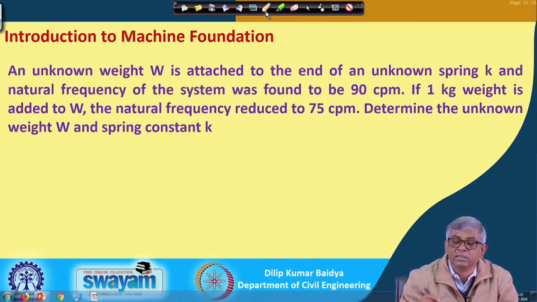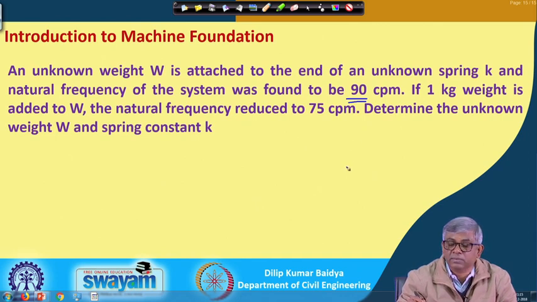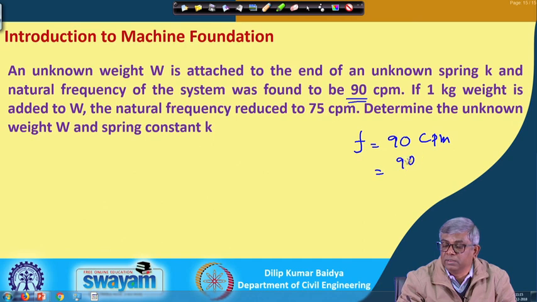So, this is the problem, and we know that the frequency of the system, f, is given as 90 cycles per minute, or 90 divided by 60, which is 1.5 CPS, cycles per second.